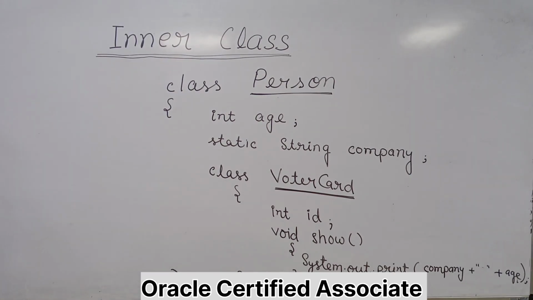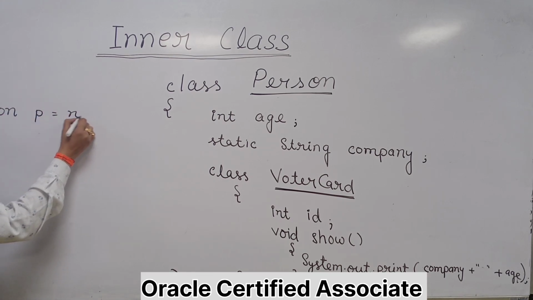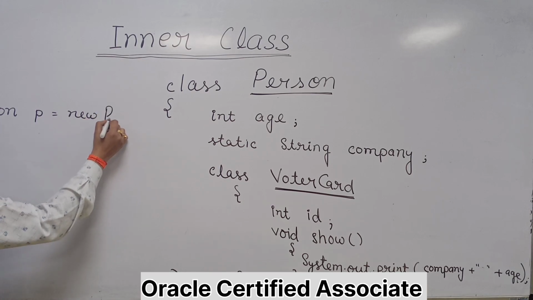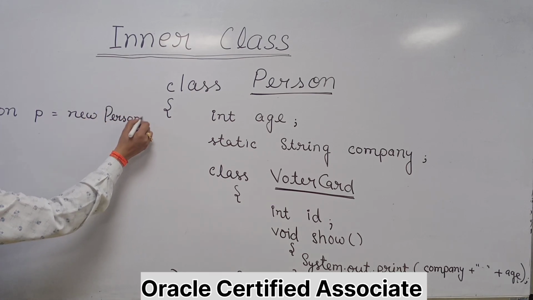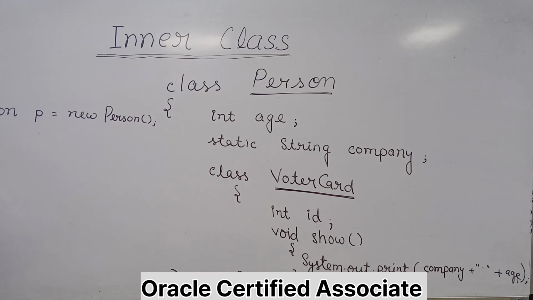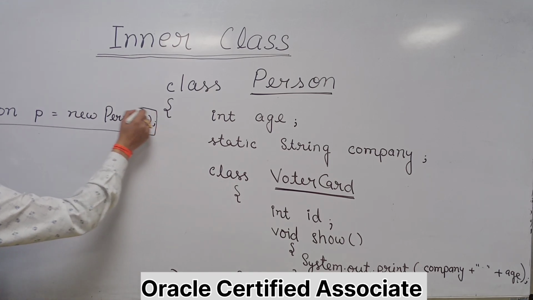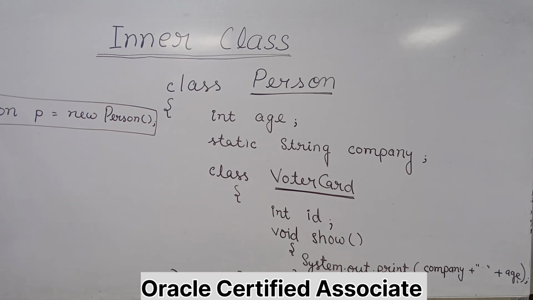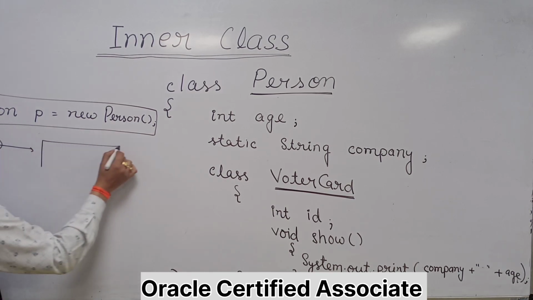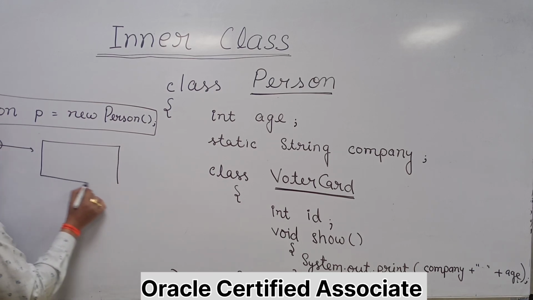Simple, you will write the normal syntax: Person p = new Person. This is how you create a normal class object. Once you have created the object of Person, you get a reference variable p, and this reference variable is pointing to the Person class object.